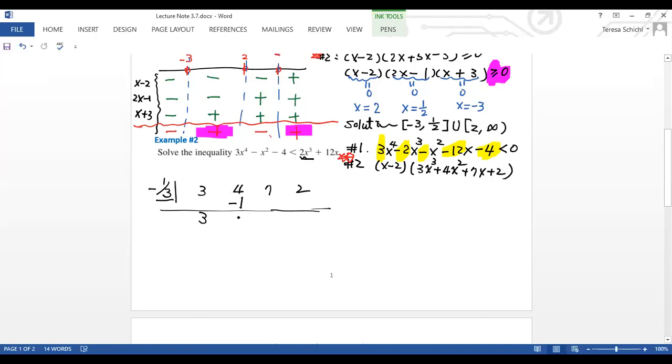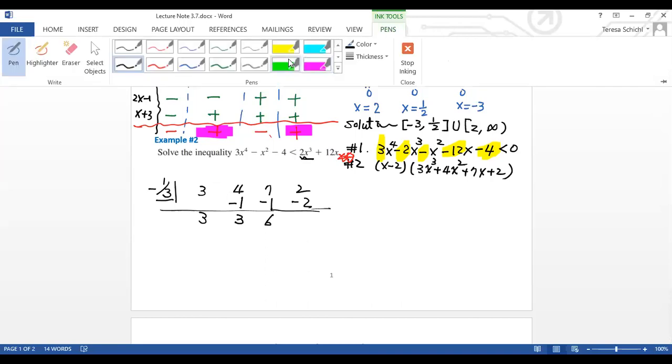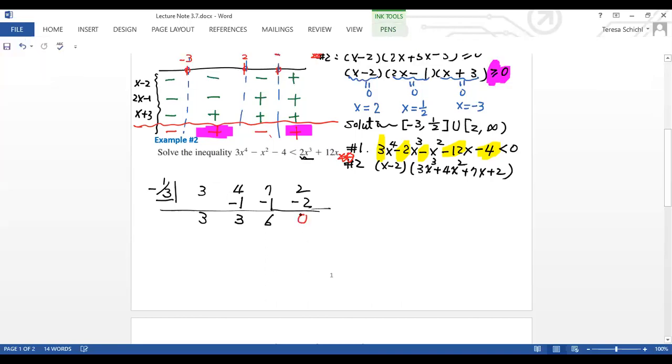So 4 plus -1 is 3. Oh, we are pretty lucky, right? 3 times -1/3 is -1 again. And 7 plus -1 is 6. 6 times -1/3 is -2. And what I have here is zero. That's beautiful.